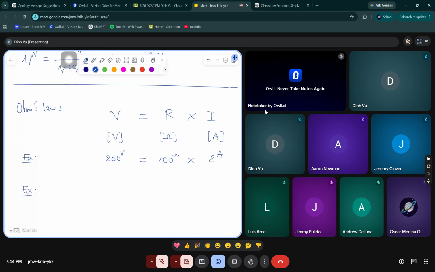Now, other example. If R is, for example, 500 ohms, and the current I is 4 milliamp.